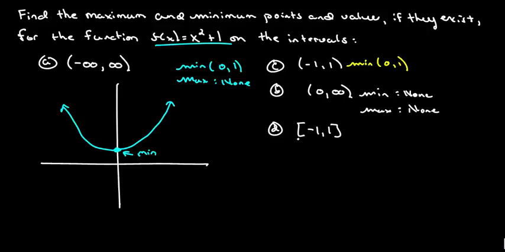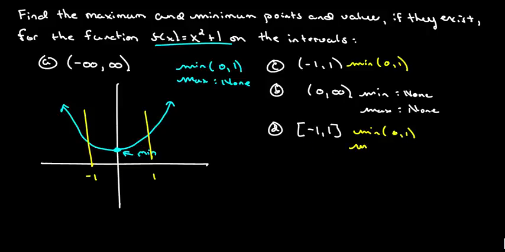Now this is interesting because look at this interval. It's so close to the previous interval. The only difference is we're including the endpoints of the interval. Because we're doing that, here's -1, here's 1. On that interval, our minimum is still (0, 1).